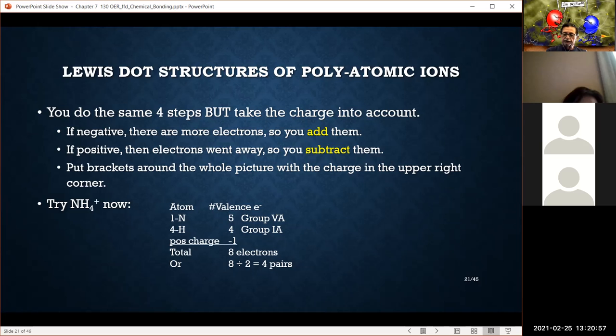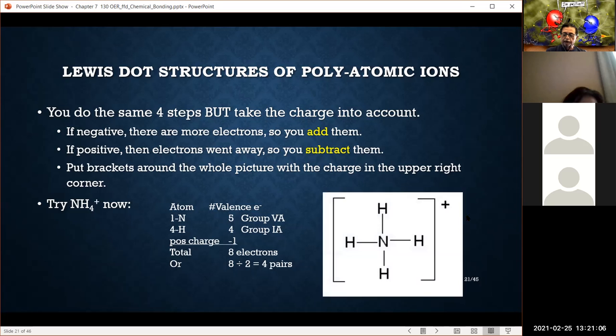The nitrogen is the central atom, okay? And you have the 4 hydrogens bonded around the central atom. So we can very quickly type the nitrogen and then the 4 bonded hydrogens around it. And guess what? That takes care of the 4 pair. Now you put a bracket.